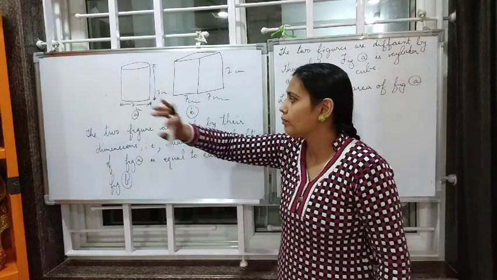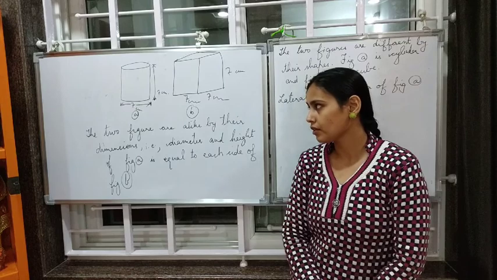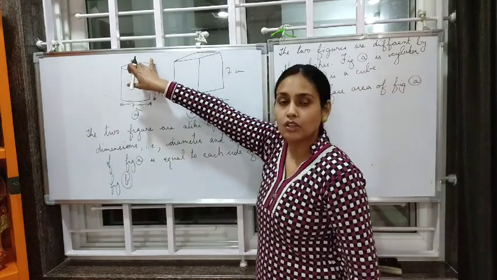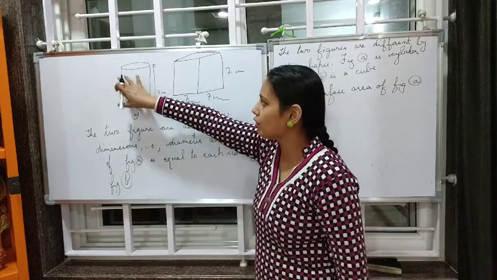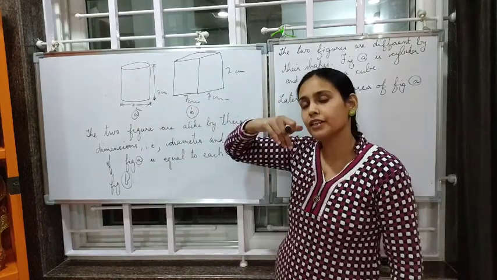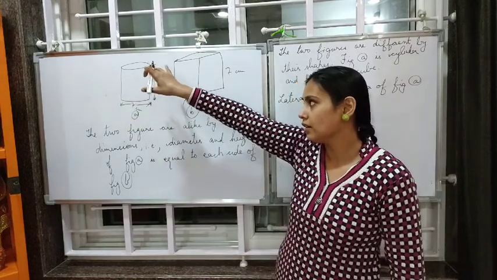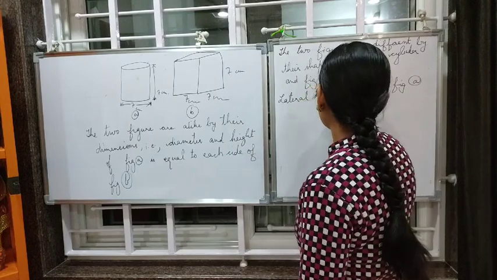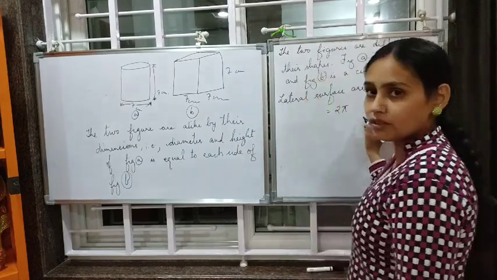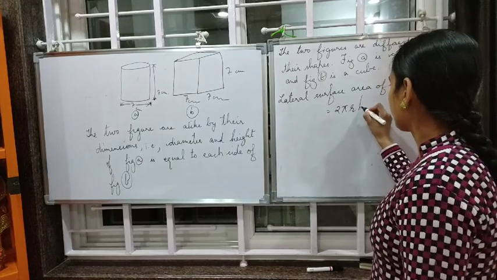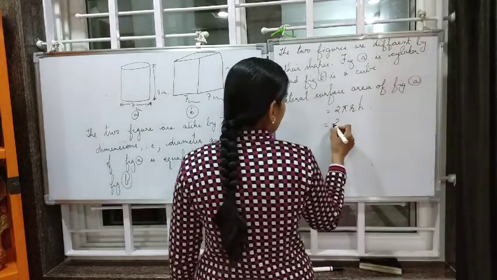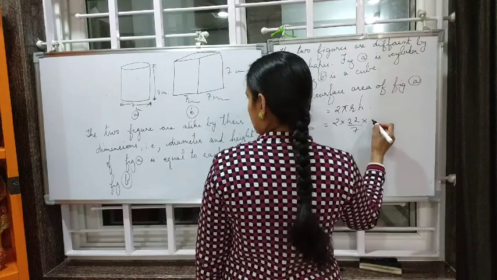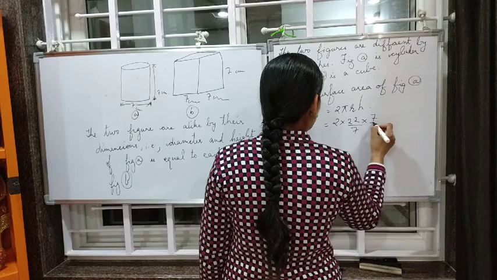So when we talk about this cylinder, we are not including the top and the base. That means only this curved surface, that is length into breadth, that is 2 pi r h, right? So the lateral surface area is 2 pi r h. We have deduced this in our last class. So 2 pi r h, that is 2 into 22 by 7, and r is 7 by 2.